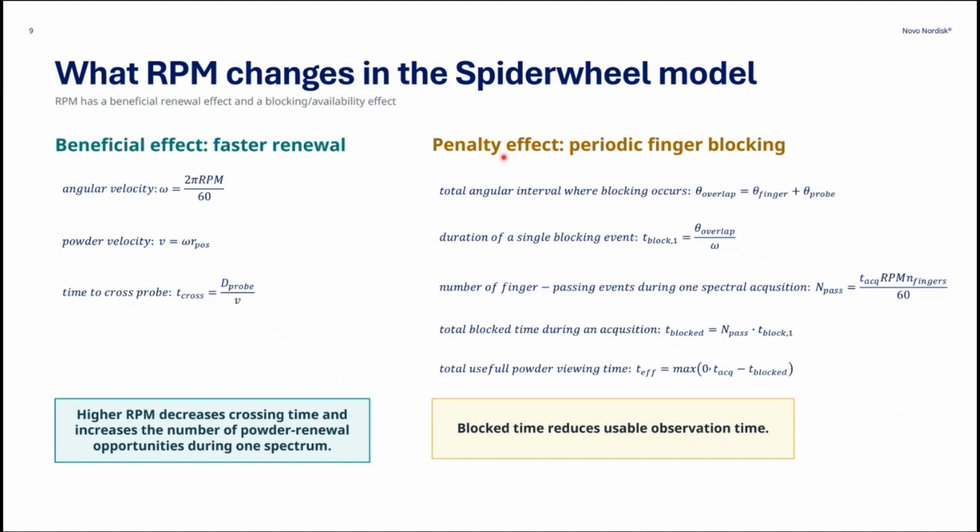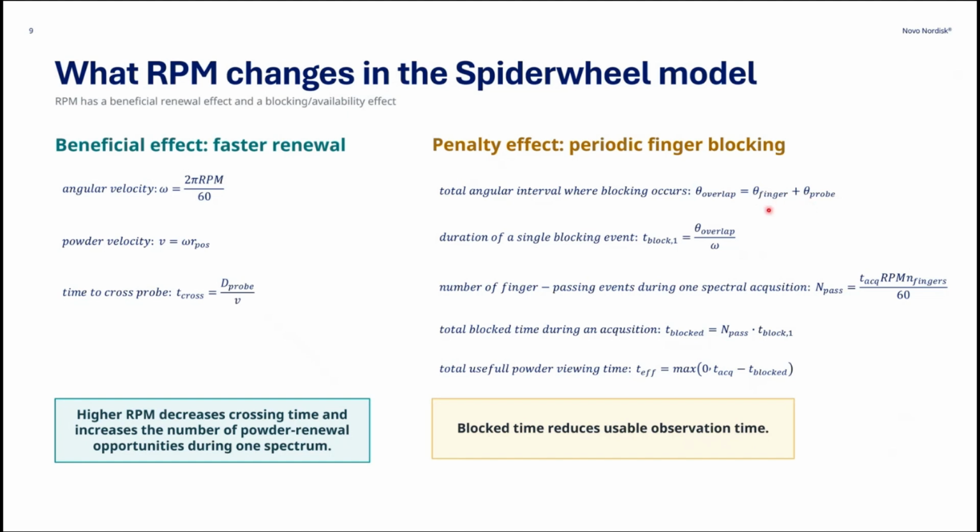And now to the penalty effect. The first thing you need to accept is that I make it very simplistic. I say the angular interval where we have blocking is the sum of the angular width of the finger at the position and the angular width of the probe.